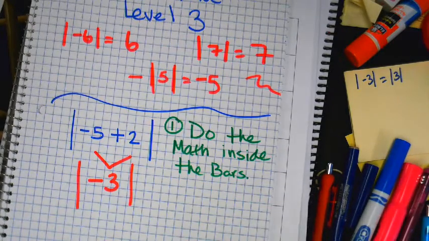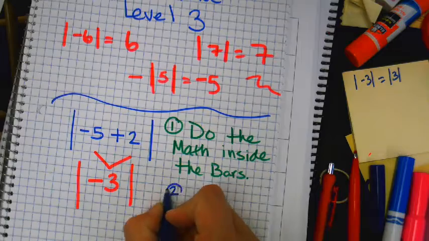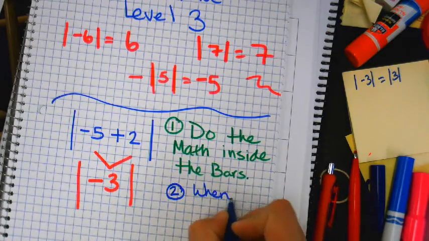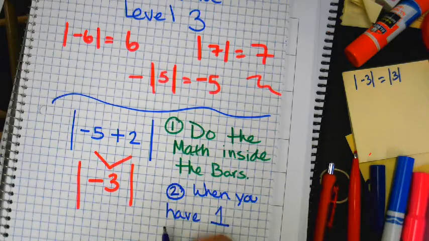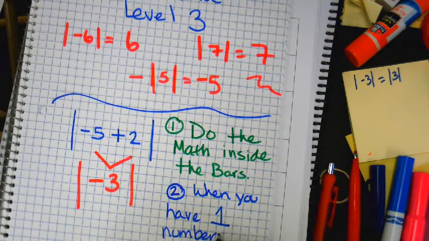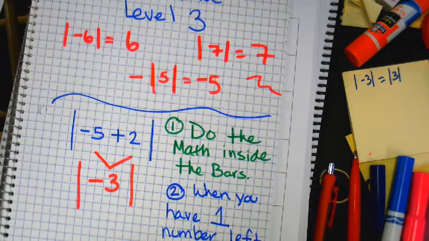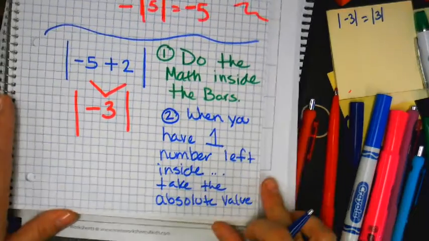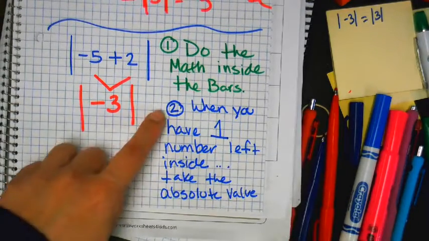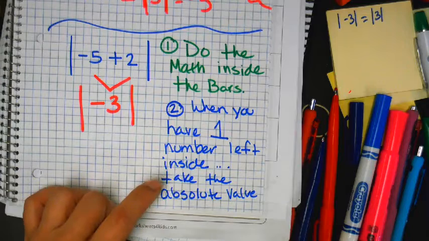Now, the second thing you do, when you have one number left inside, take the absolute value.